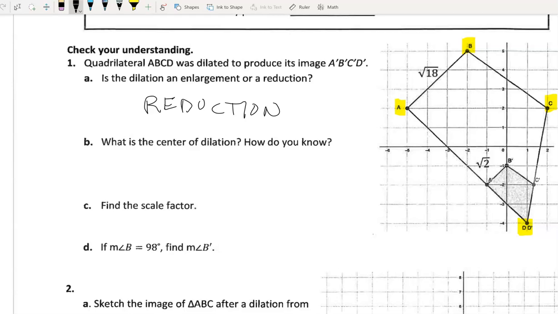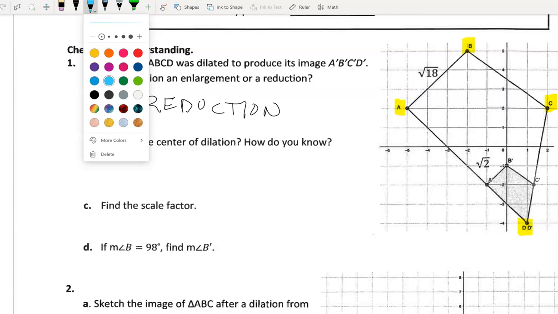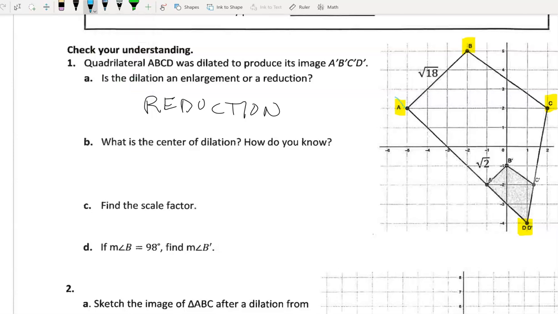All right, what is the center of dilation and how do you know? Usually we want to draw a line that goes through a point and its image and then see where that goes. If I go through this point and through its image and keep going, I go this way.